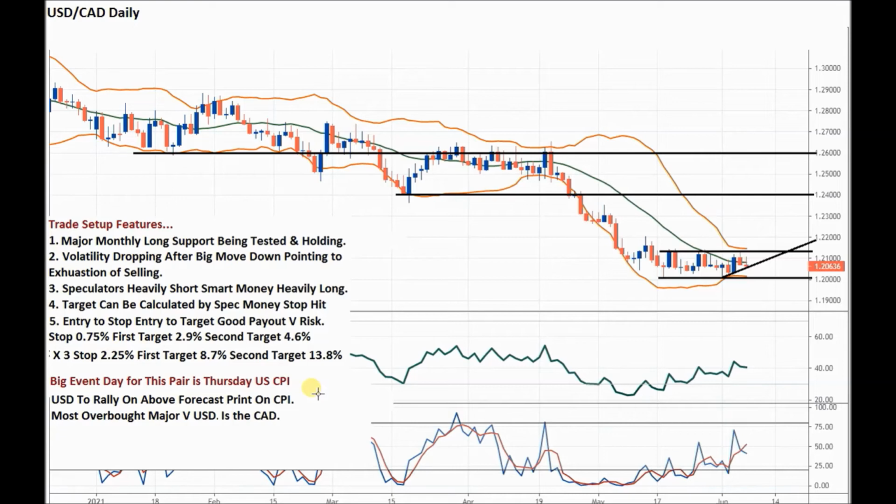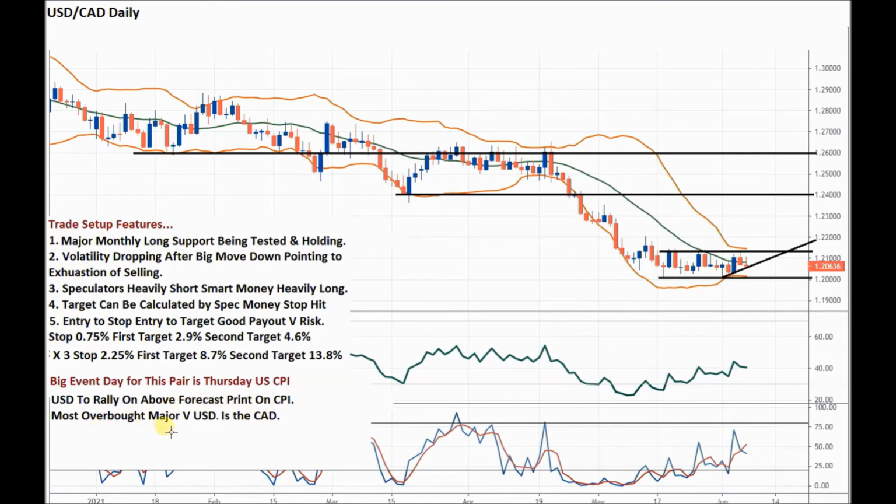Most analysts think the USD will go down because the Fed are saying inflation is probably going to fade, it's transitory, we're going to provide ample stimulus, and we've got no plans to raise rates anytime soon. They've been saying that for a while, but inflation keeps going up. If you get an above forecast print on the CPI on Thursday, I think that could generate a big move on the USD to the upside.